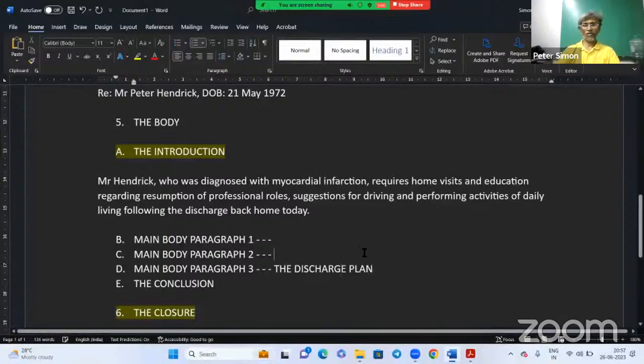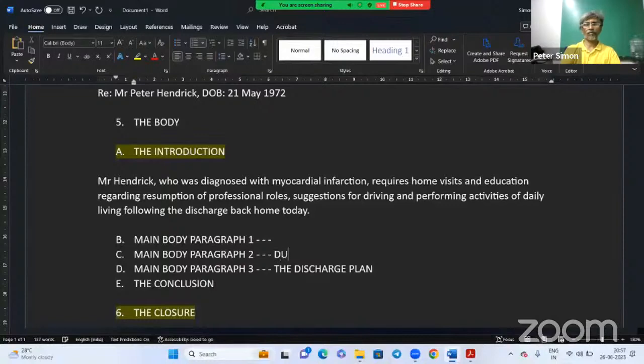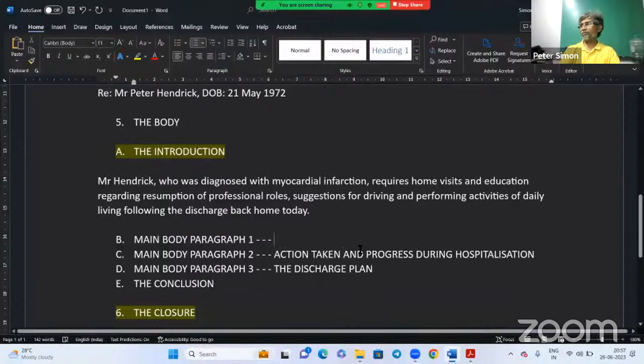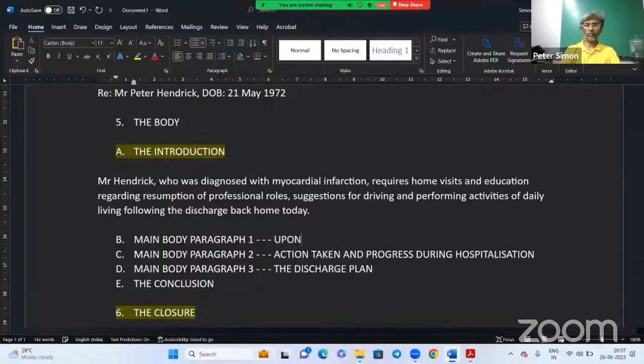Okay. Now here you will write during hospitalization. So action taken during hospitalization. Progress during hospitalization. Or action taken and progress during hospitalization. This is upon admission.